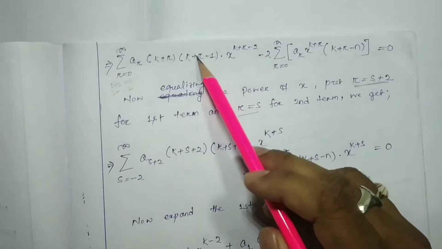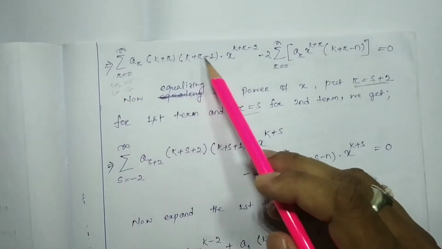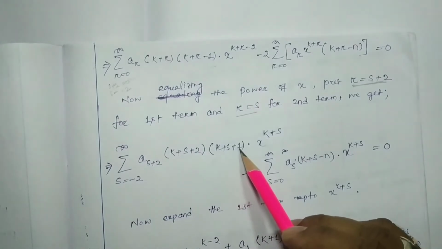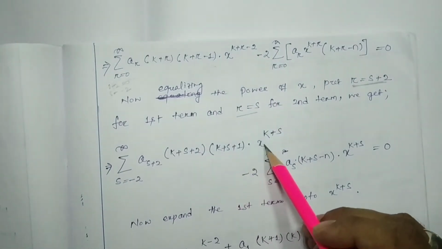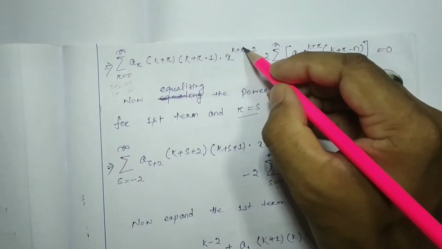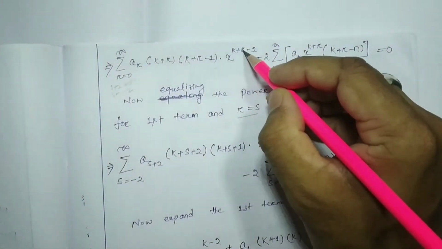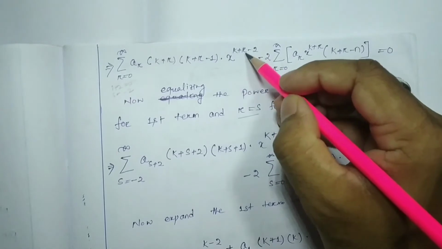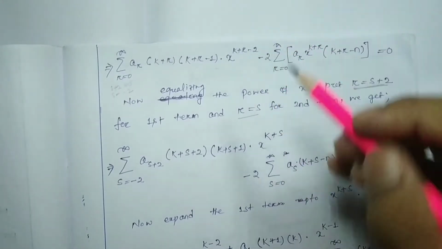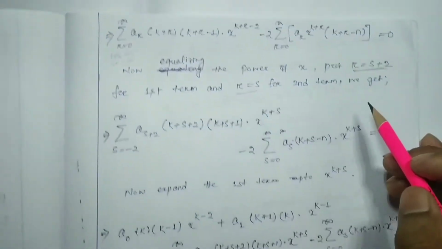Here r is substituted by s plus 2, and here minus 1 is there. So it will be a_{s+2} times (k plus s plus 1) into x to the power k plus r minus 2. So if we put s plus 2 instead of r, then it will be x to the power k plus s.